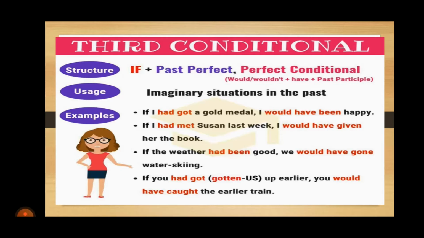And the third conditional is purely imaginary, but it is mentioned in the past. For that you are giving some references here. For example, if plus past perfect plus would plus have plus past participle, that is what you are going to write here. So here, if I had got a gold medal, I would have been happy.